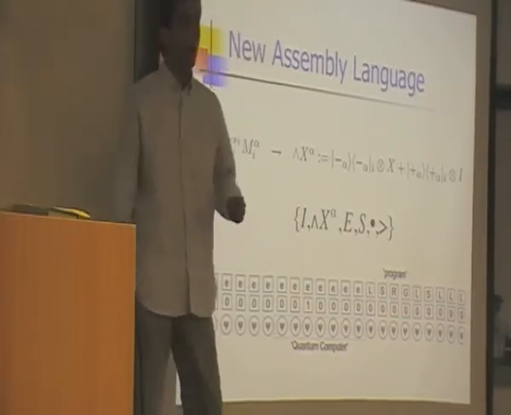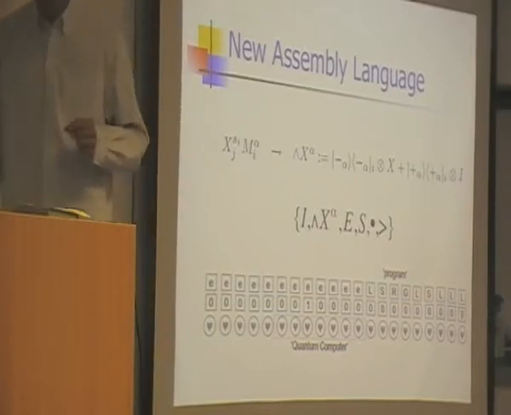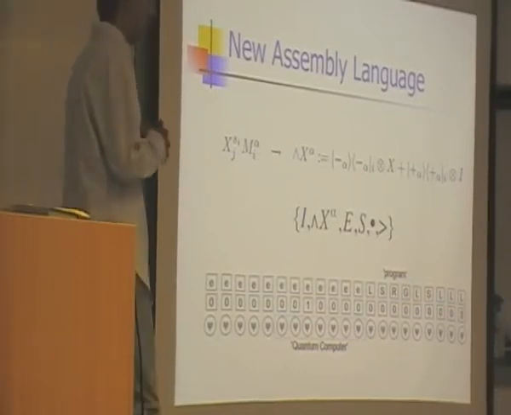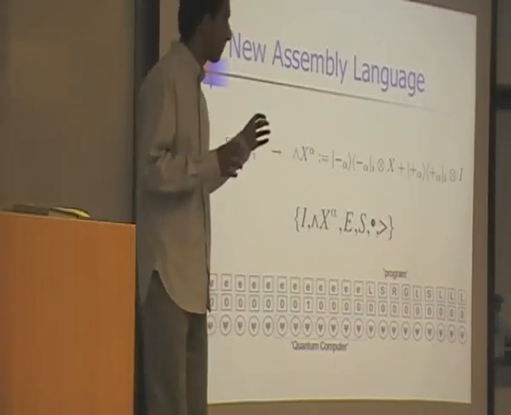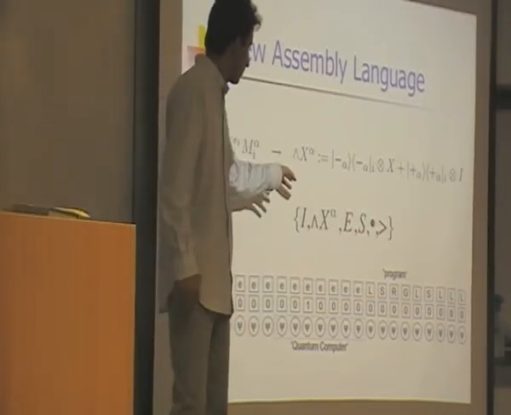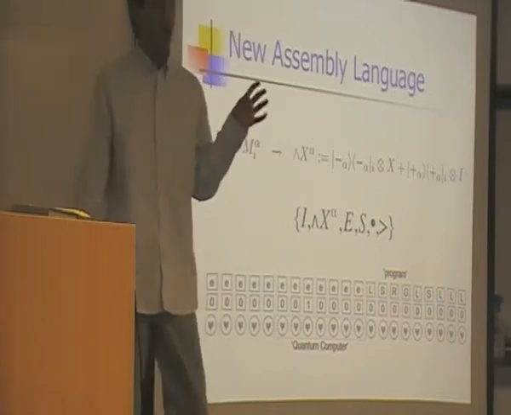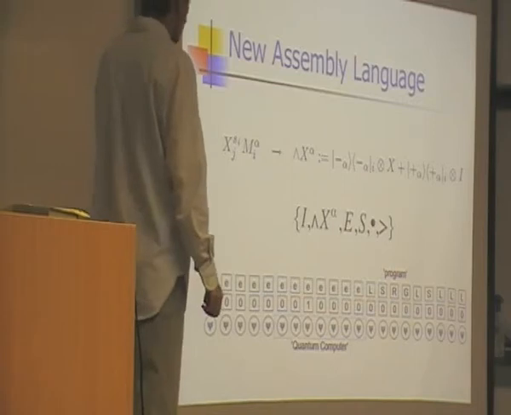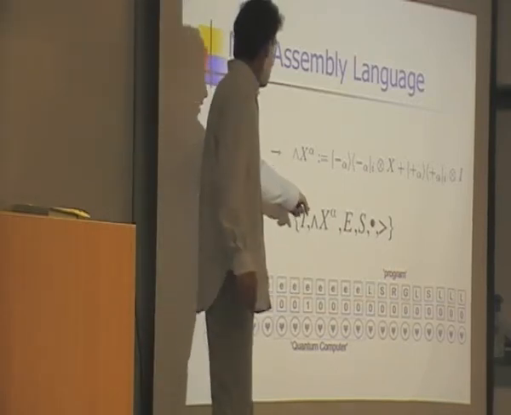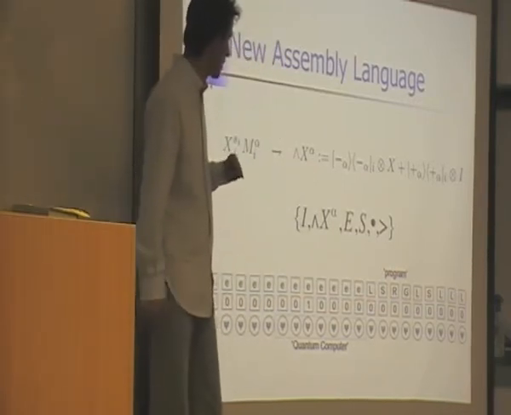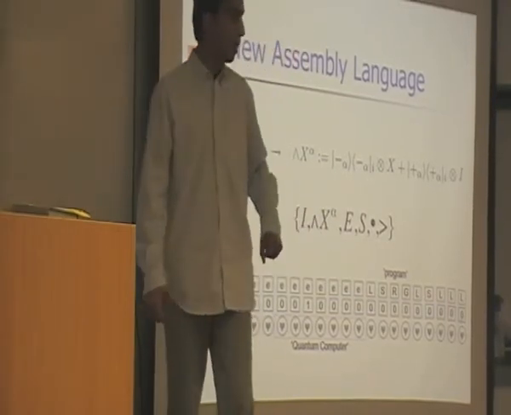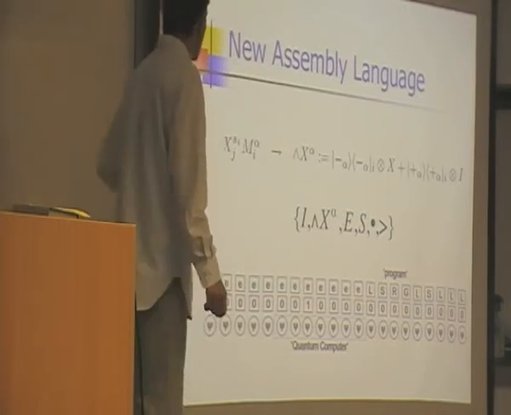We need an identity gate here to make the commands arrive at the appropriate points on time. I just talked about controlled X alpha. We need our entangling operator as in the previous ones.